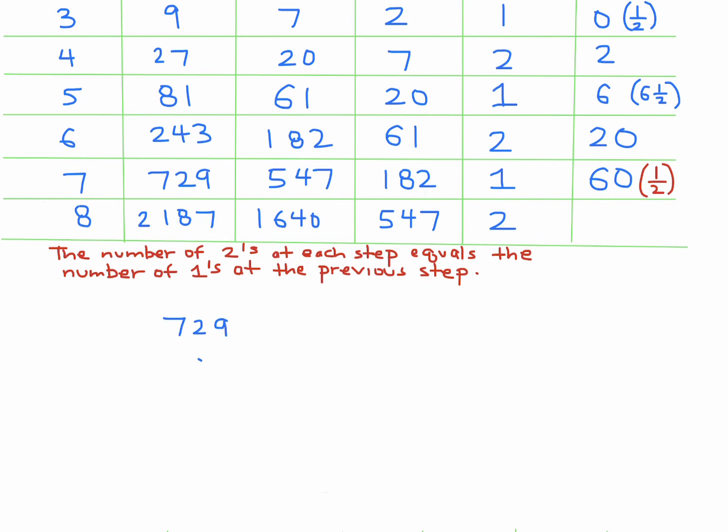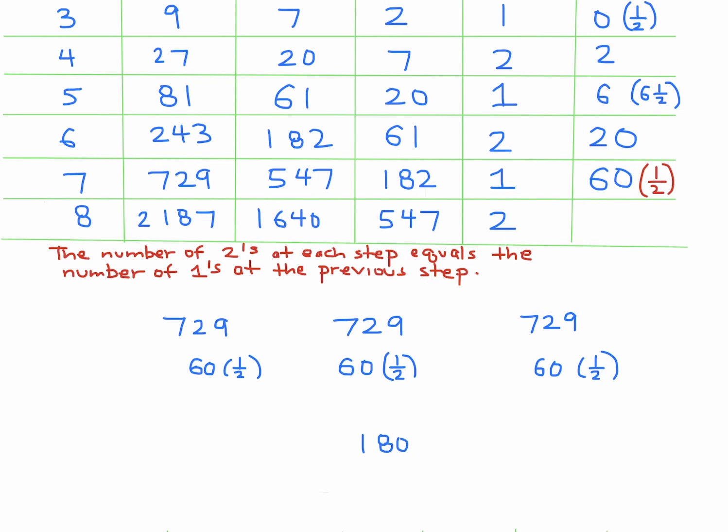You have 60 of these 1, 1, 1, 1, 1, 5 1's in a row. For the next 729, again, you'll have 60. And notice what I'm doing. I'm putting a little bit of a half in brackets. And then for the next 729, you'll have 60 like that. Okay? 60 plus 60 plus 60 is 180.